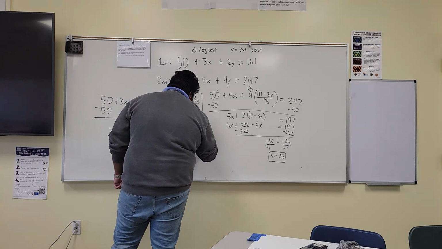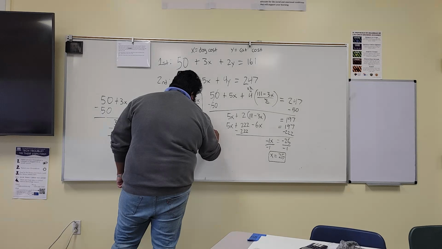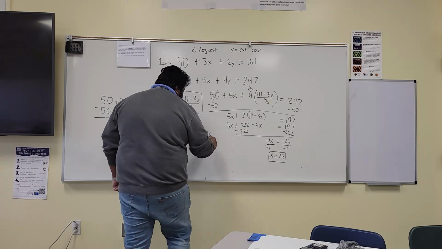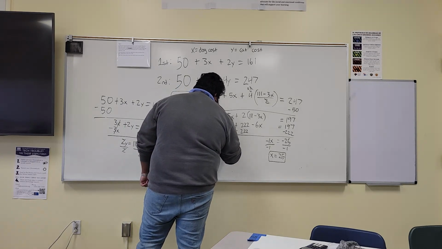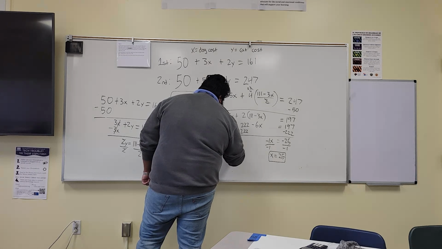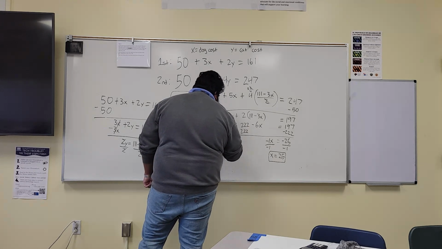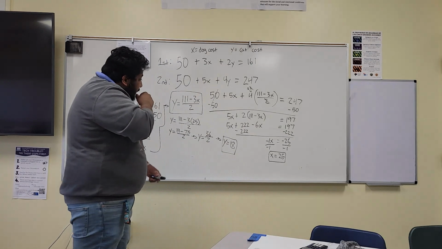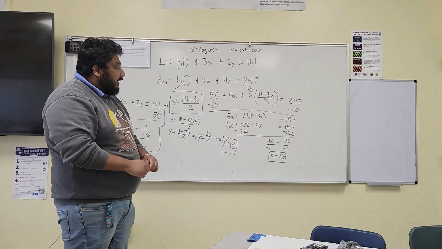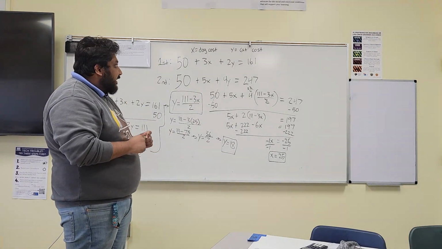This is going to give us y is equal to 36 over 2. And we get that y is equal to 18. So our final answers are x is equal to 25, y is equal to 18.